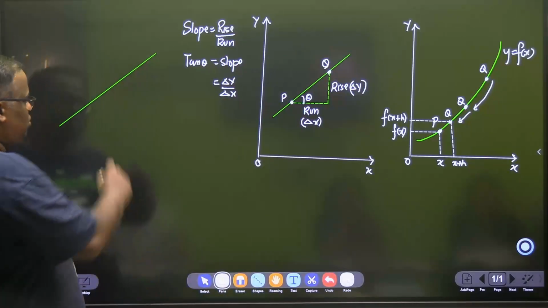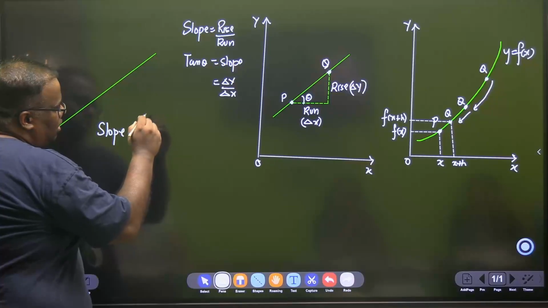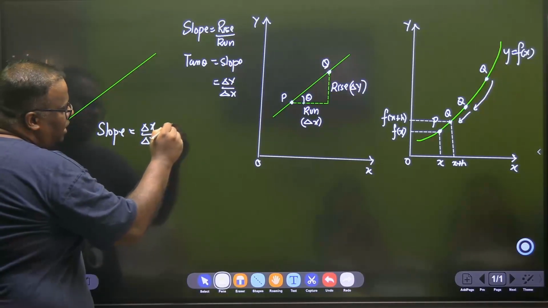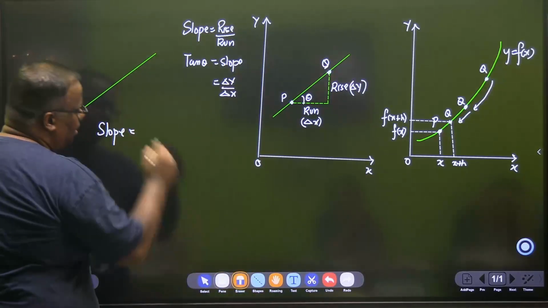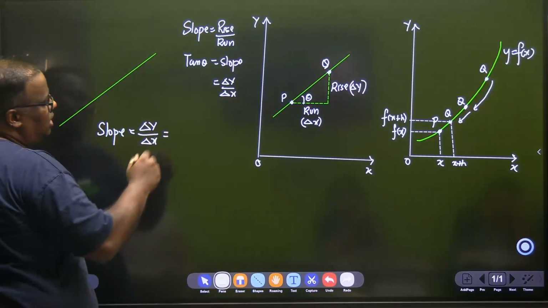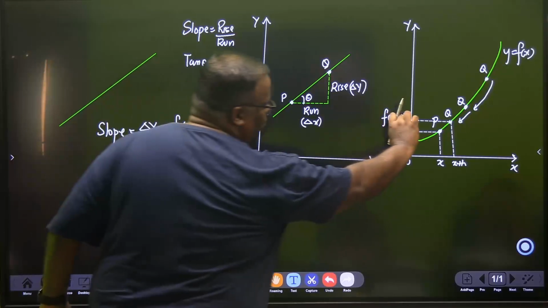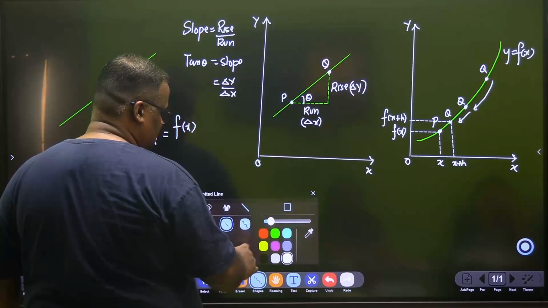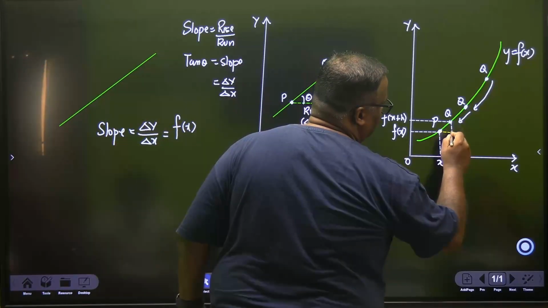And I tell Zoe, look Zoe, the slope is equal to delta y over delta x. And what is the delta y? Look at the delta y. The delta y is only this much portion. Do you agree? Achha. If you're unable to understand, then let's keep this. Right?